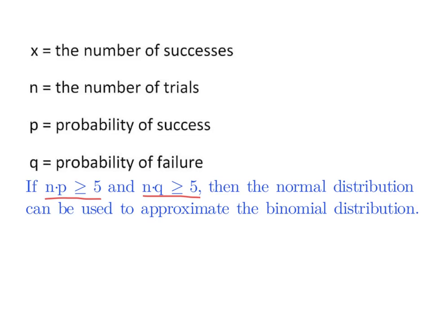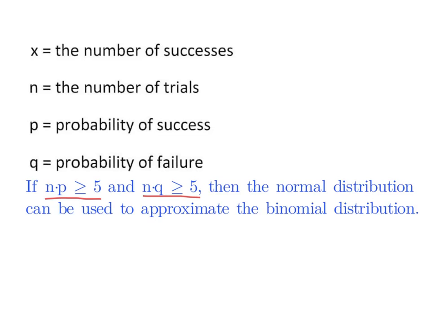If they are not, the sample is not big enough, the distribution is not big enough to use it as an approximation. Oftentimes it has to do with the number of trials. The more trials that we have, the closer it will get to looking like a normal distribution. So this is why we have to do this test.